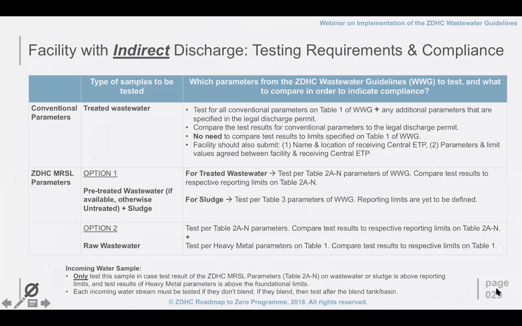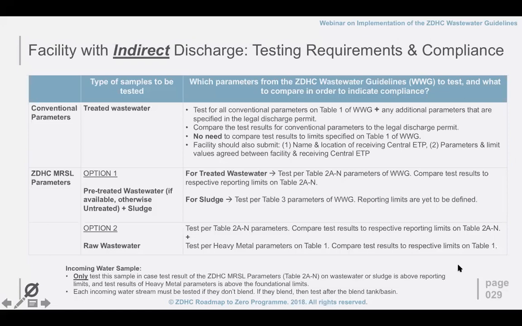Okay, for indirect discharges, for conventional parameters, the requirement is to test the pre-treated wastewater, or if there's no pre-treatment, then that would just be the wastewater from the manufacturing facility. It's tested for conventional parameters on Table 1, plus any parameters that are in a legal discharge permit, or the permit that is in place between the facility and the central effluent treatment plant.